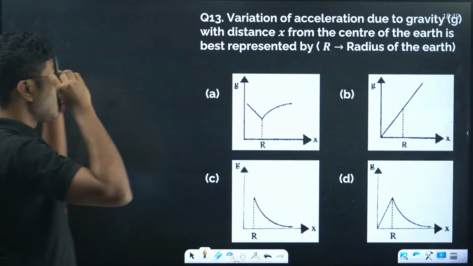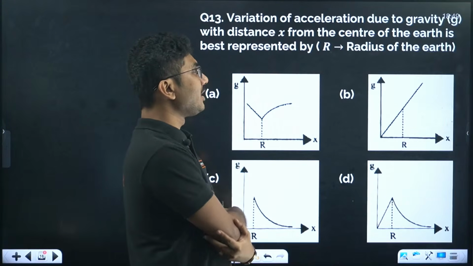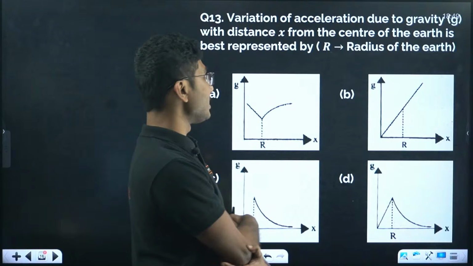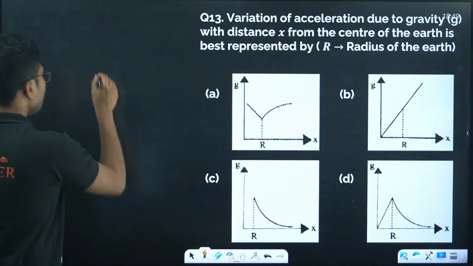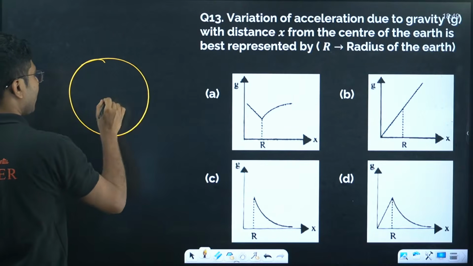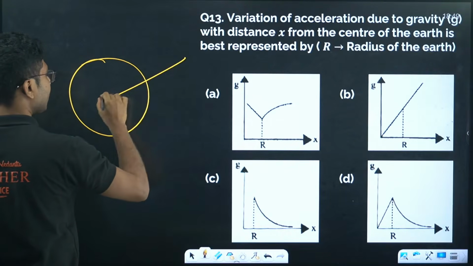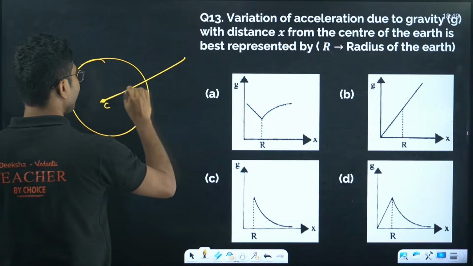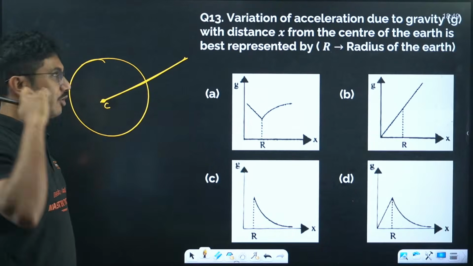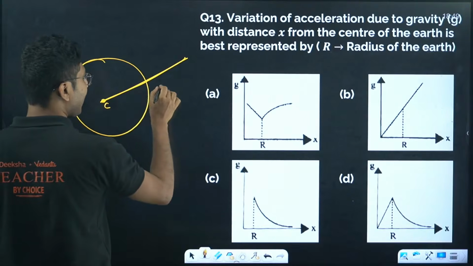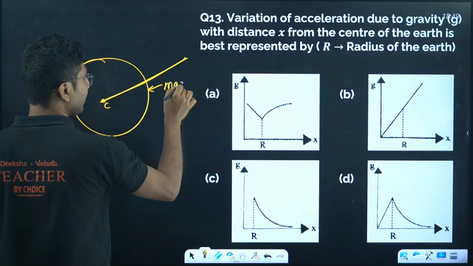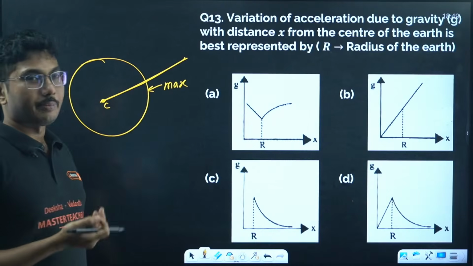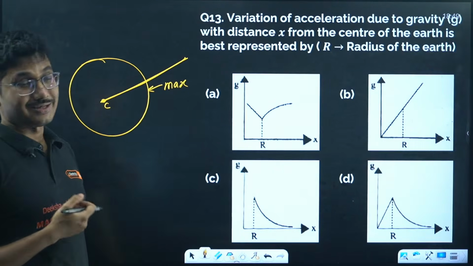Now next, variation of acceleration due to gravity with distance x from the center of the earth is best represented by. So here is earth. You are trying to calculate gravity starting from the center. This is the center of the earth, and as you are moving, how does the gravity change? Obviously we know that gravity is maximum on the surface, and as you go down or go up, gravitational acceleration decreases.